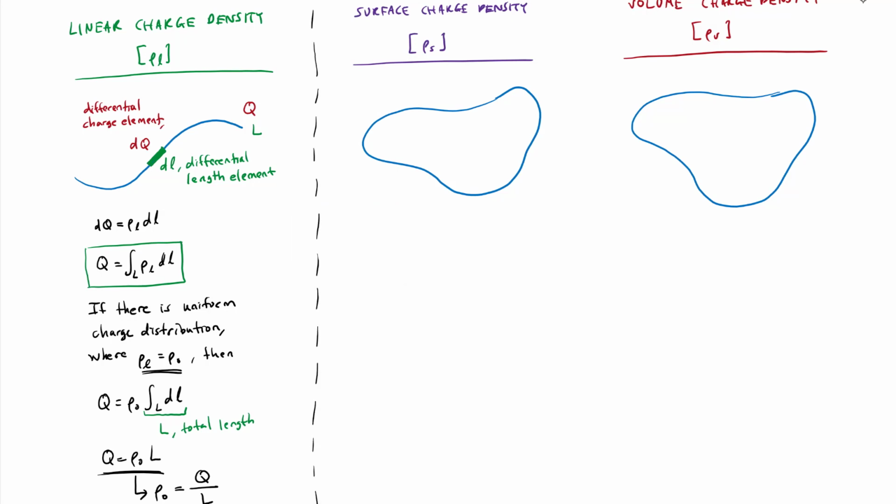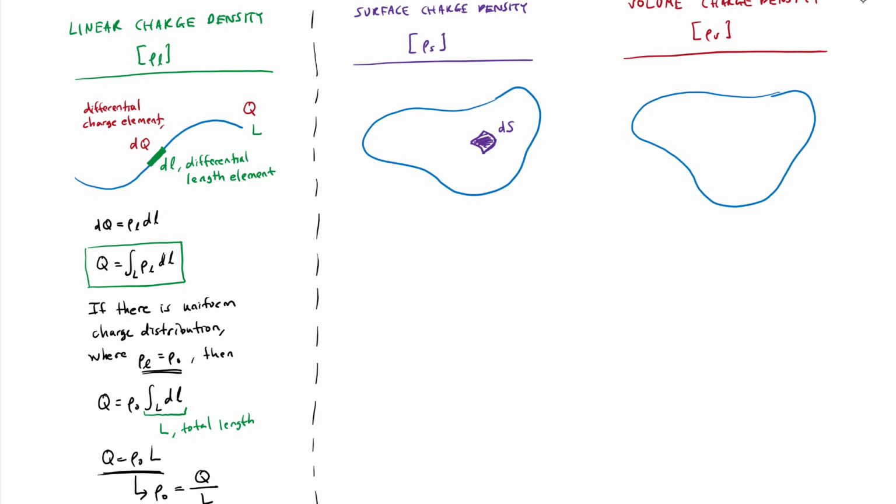Okay, so on to surface charge density. With surface charge density, let's take a look at some piece that we can cut out from our shape here. So that's our surface, and from our previous experience, we know that this is ds.